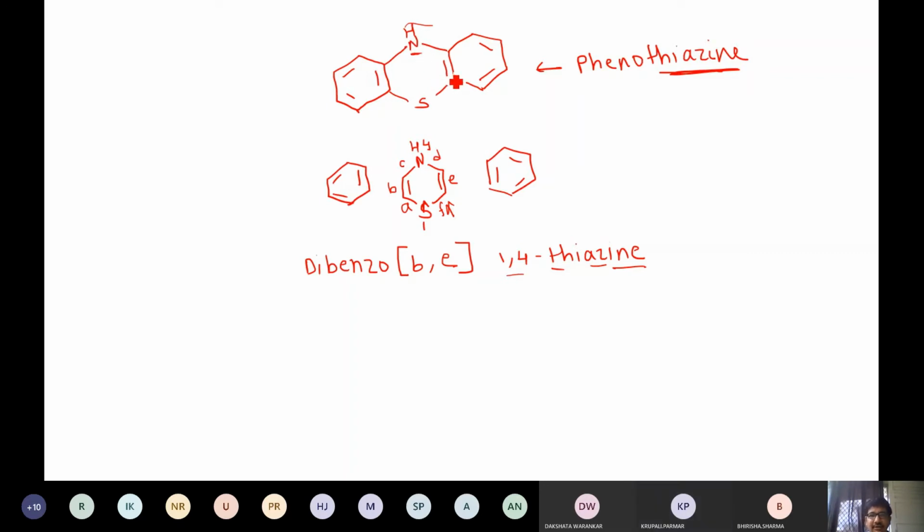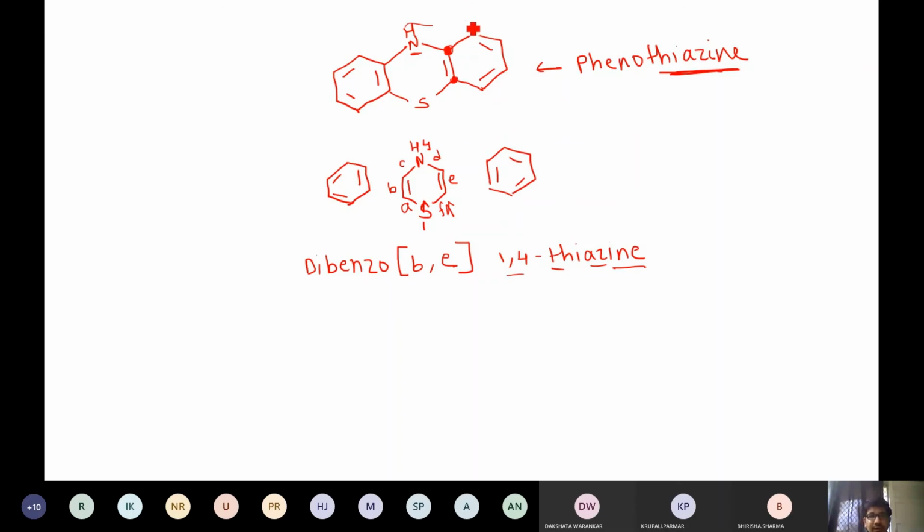Okay. Now let me ask you one question. If you start numbering from say this carbon, suppose, and this carbon, two tertiary carbons are available for us to number, right? So which out of these two heteroatoms should get the lowest number, sulfur or nitrogen? Sulfur. Sulfur should get the lowest number, right?